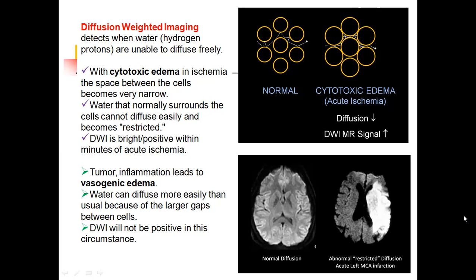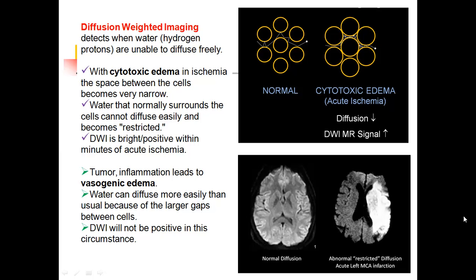Diffusion-weighted imaging detects when water or hydrogen protons are unable to diffuse freely. Normally, cells are packed closely enough that the water surrounding them can move or diffuse rather easily. In cytotoxic edema in ischemia, the cells swell secondary to failure of the sodium-potassium pump, and the space between the cells becomes very narrow.